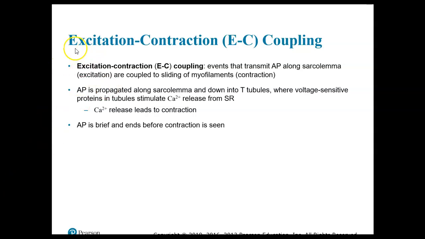The action potential part is the excitation part, and the contraction is the actual shortening of the sarcomeres when the myosin attaches to the actin and pulls the actin in closer together. So that's called excitation-contraction coupling, the events that transmit the action potential along the sarcolemma coupled to the sliding filament theory, which is the contraction part.